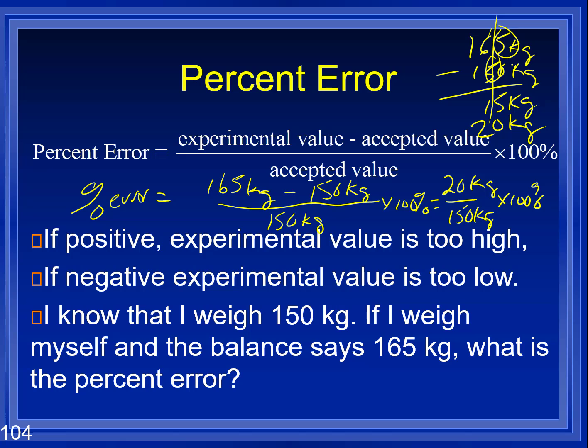The 150 has 2, and the 100 has unlimited. It's a definition. So 1, 2, and unlimited, the smallest number is 1. So instead of the 13% on my calculator, I write 10%. Everybody okay with that?